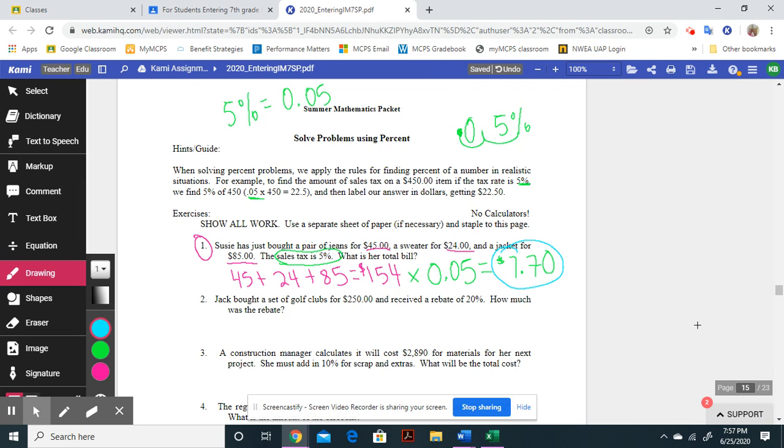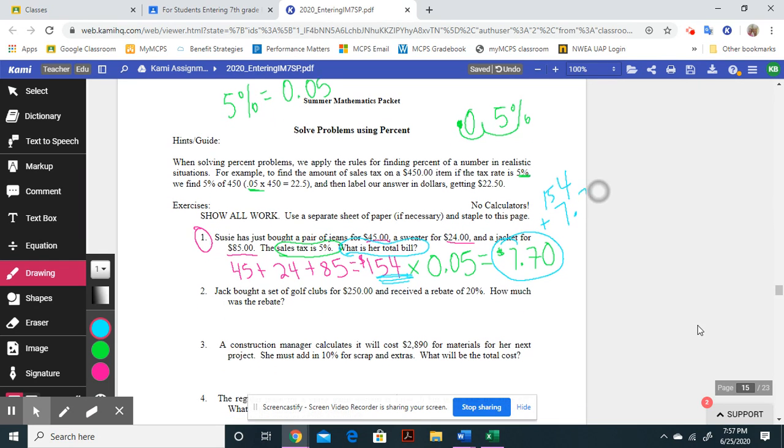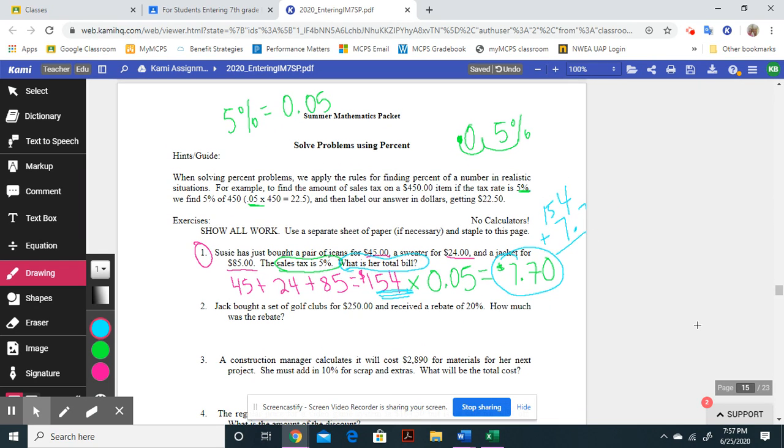Once we have the sales tax, we have to figure out what is the total bill. Her total bill is going to be the sales tax plus the cost of her items. So you're going to do 154 plus $7.70. Let's put the 0; the 7 goes under the 4.